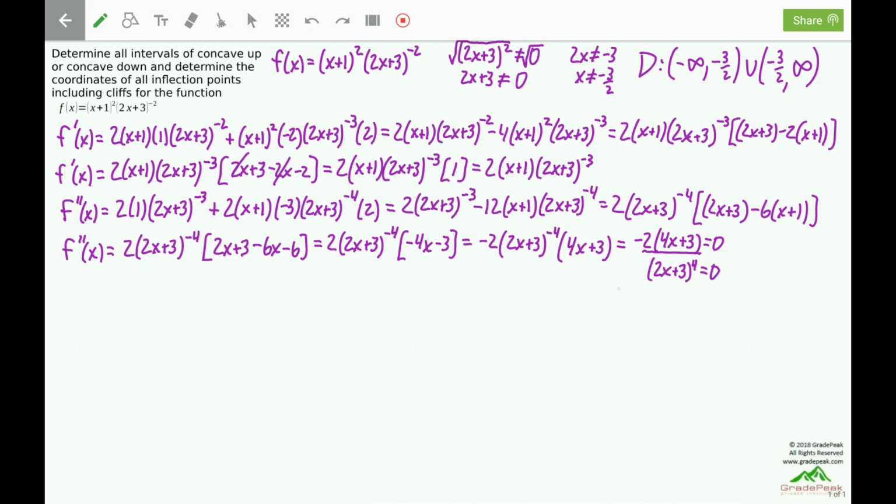Starting with the numerator, we can divide both sides by a negative 2. We can subtract 3 from both sides. And we can divide both sides by a 4. And now the denominator.